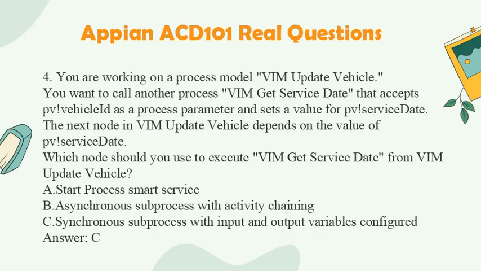Which node should you use to execute VIM get service date from VIM update vehicle? A. Start process smart service. B. Asynchronous subprocess with activity chaining. C. Synchronous subprocess with input and output variables configured. Answer: C.